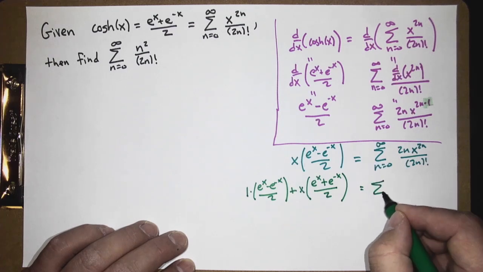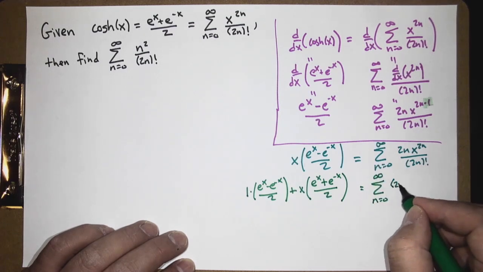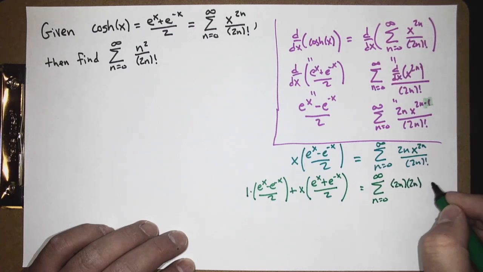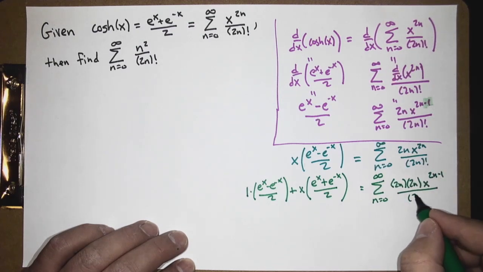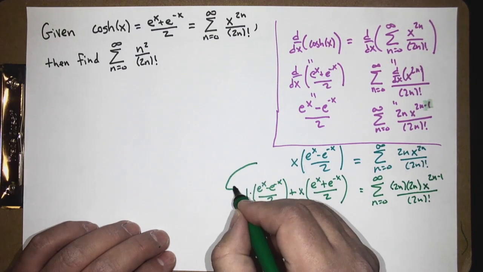All right, so I'll do the other side. Sum n equals 0 to infinity. We have 2n already. Another 2n came down. X to the 2n minus 1 over 2n factorial. All right, so here we took another derivative.